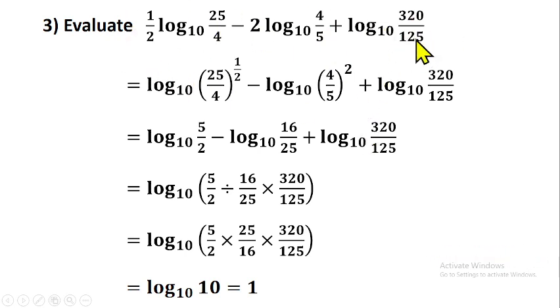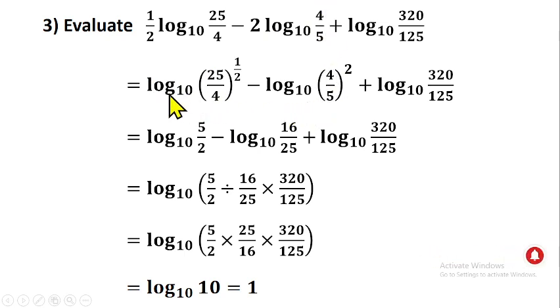How can we simplify this also? How can we simplify this using the laws of logarithm? We can see that using the law of logarithm, this 1 over 2 will come to the power of this. Using the law of logarithm, these 2 also will come to the power of this.